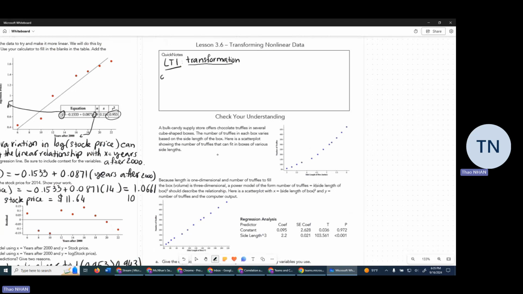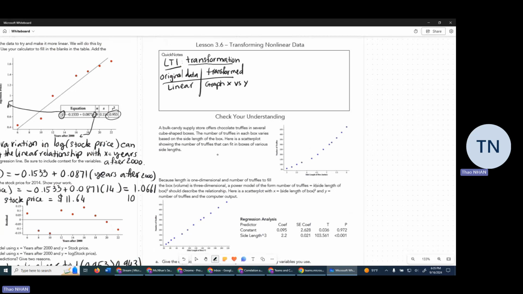So there's a couple of things you can do. You have the original data, and then over here your transformed data. If it's linear, you graph your x versus your y, just plain x and y.